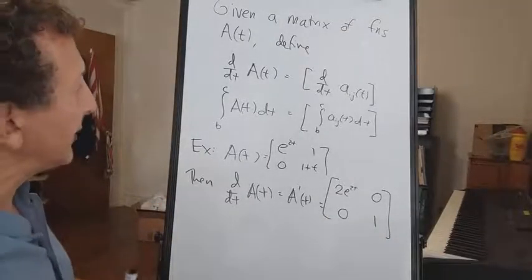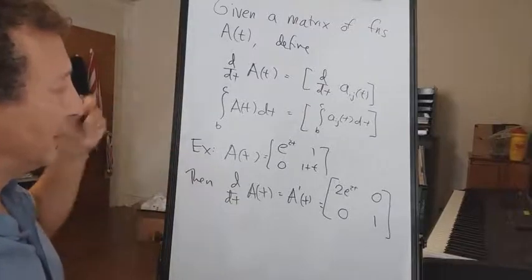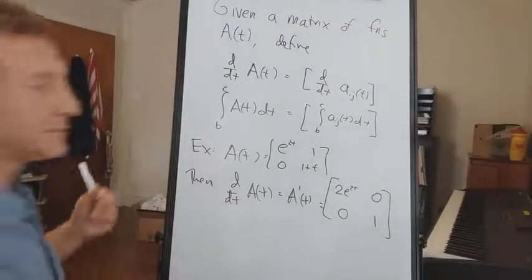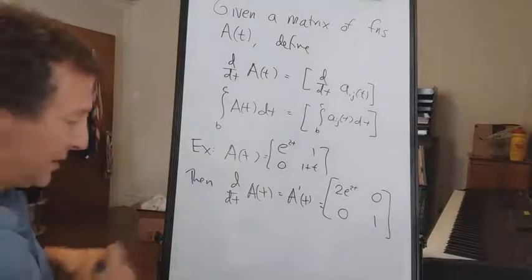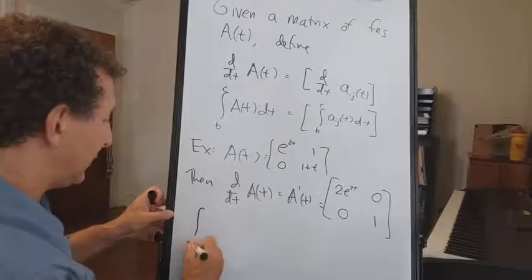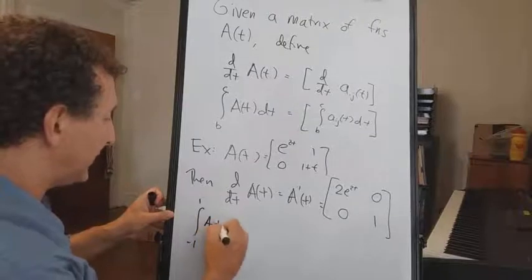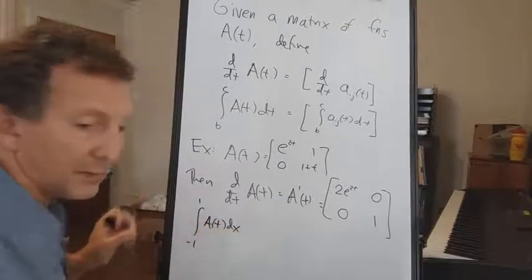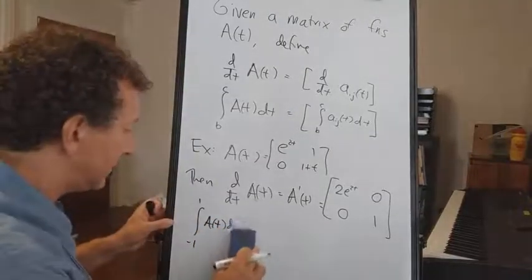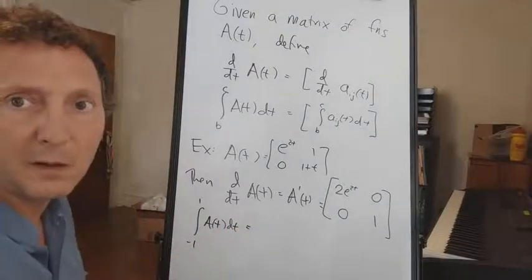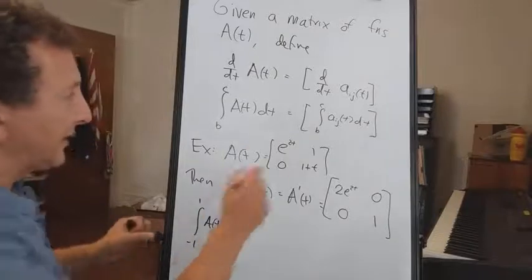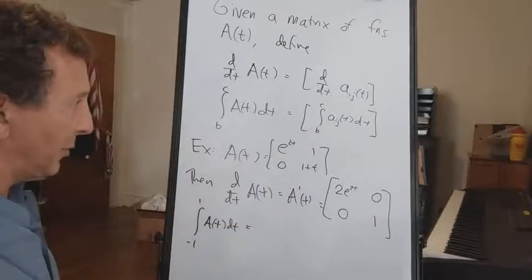And let's take the integral of this matrix from negative 1 to 1. So the integral from negative 1 to 1 of A of t dt is, we'll just take the integrals of each of these components.